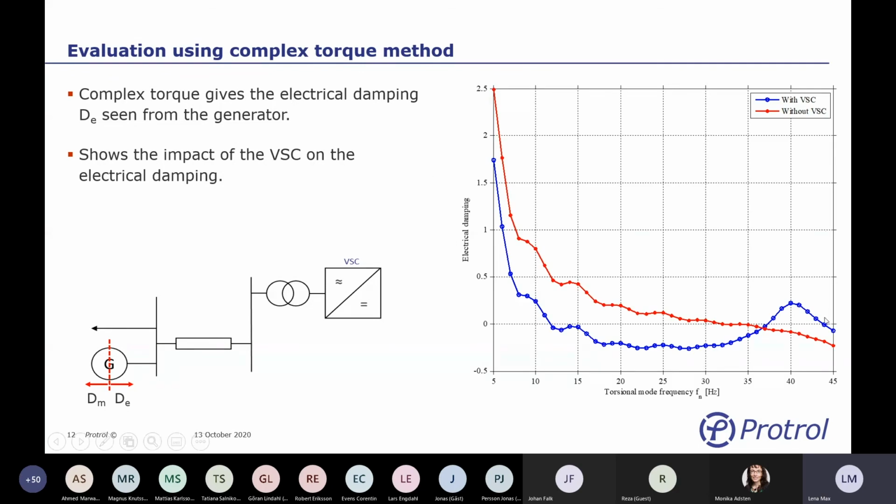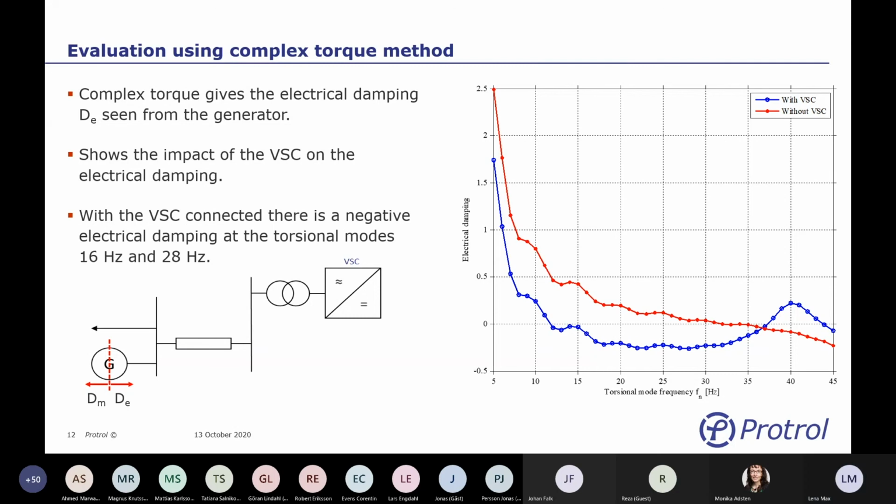Looking here at the results from this case, we have the red curve, which is the electrical damping without the converter, and the blue curve is the electrical damping with the converter. Here it can be seen that having the converter in the system will decrease the electrical damping, and it will increase the risk of oscillations at both the torsional modes, 16 Hertz and 28 Hertz.